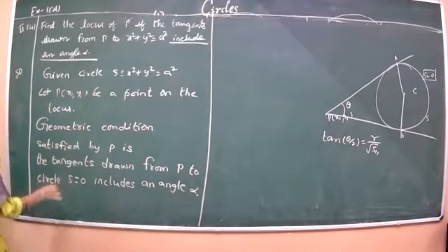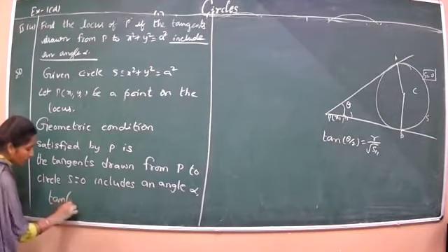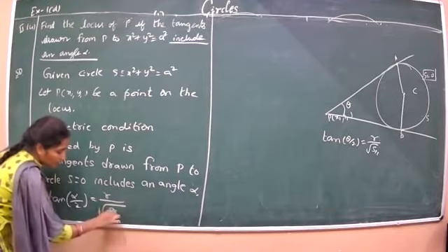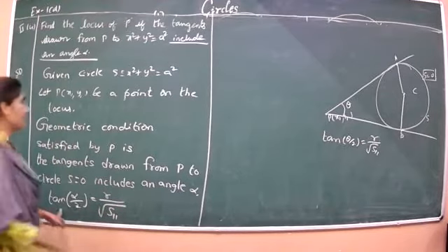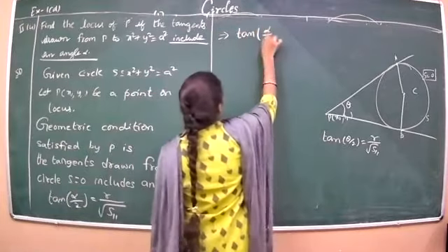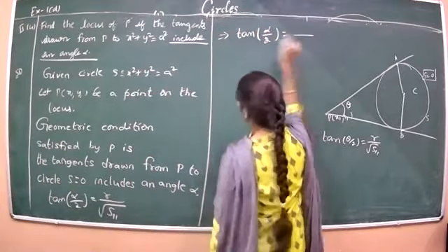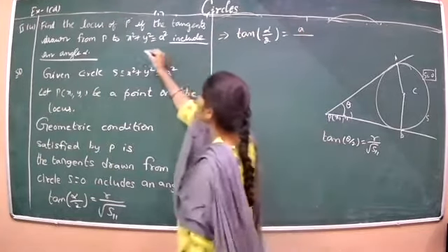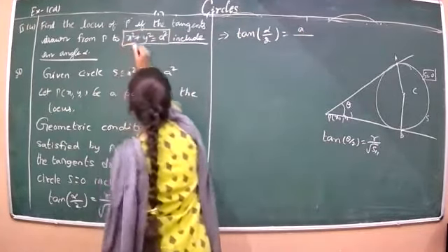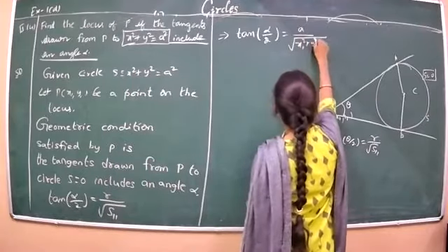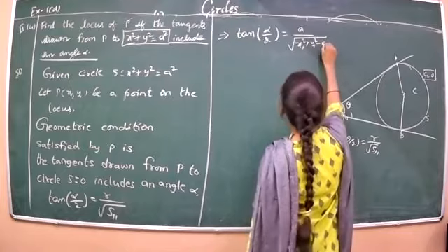Then what is the condition? Tan alpha by 2 is equal to r by root S11. From which, tan alpha by 2 is equal to, what is the radius of the circle? a, divided by root of S11. What is S11 with respect to S = 0? x1 square plus y1 square minus a square.